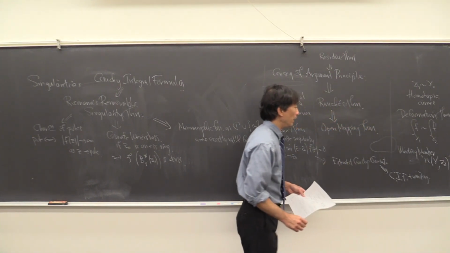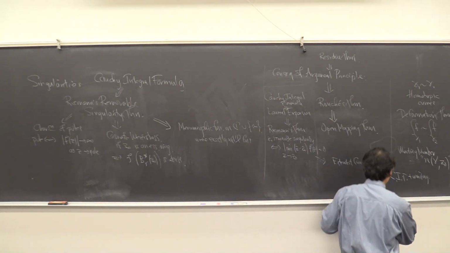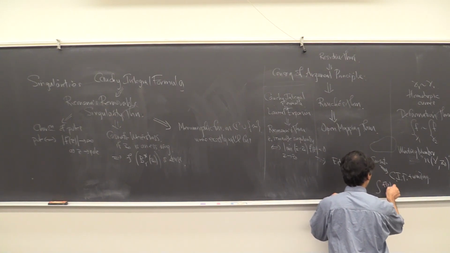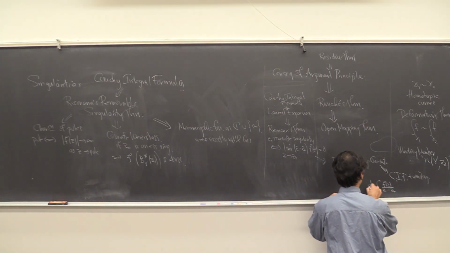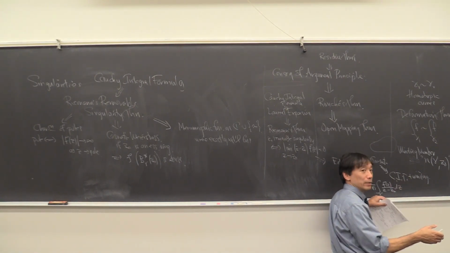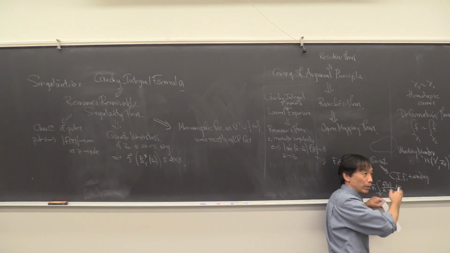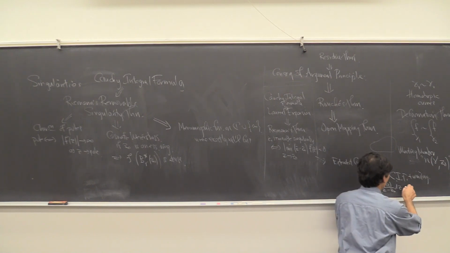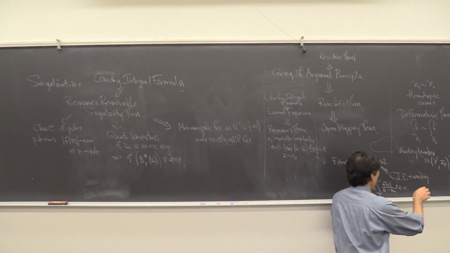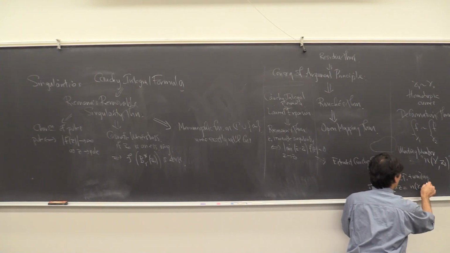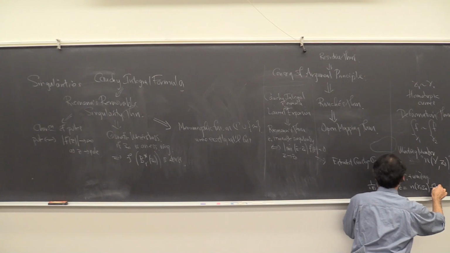Right? If you have an arbitrary curve, you look at the standard thing, but now instead of your curve just going around a disk or something like that, it can basically do anything, and what you end up with is the winding number times the value.